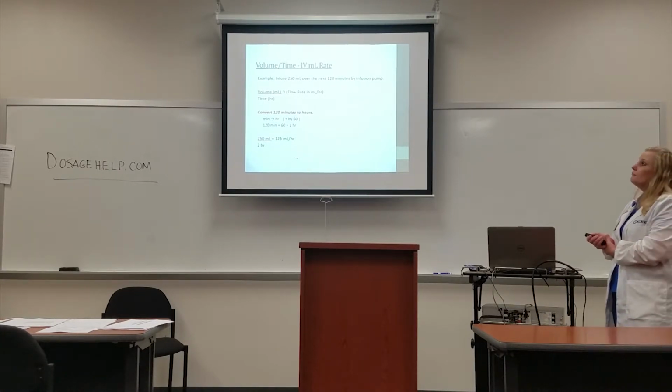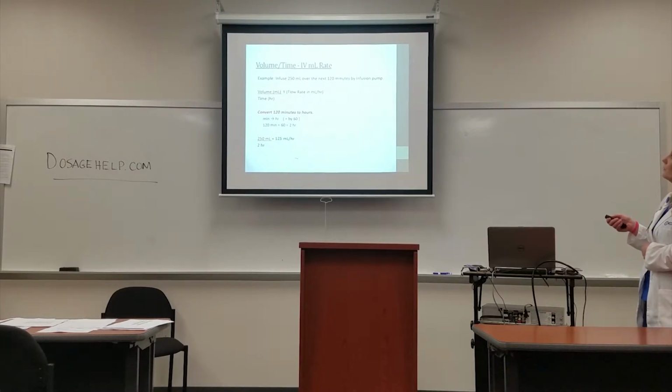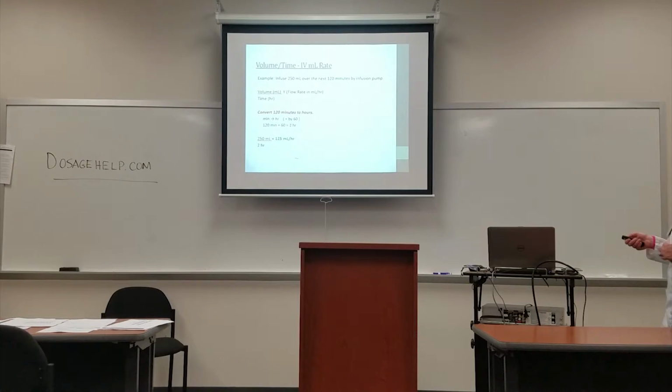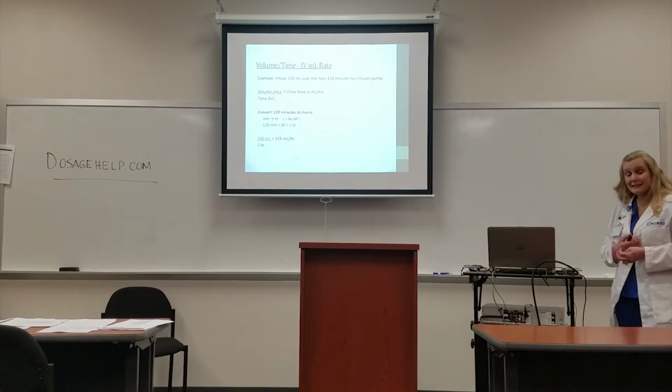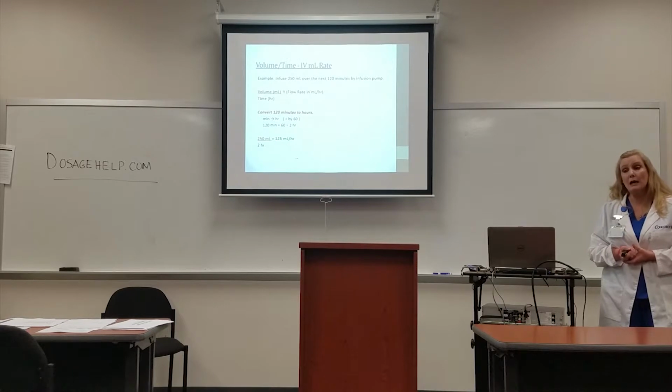Now this is my formula, but the time needs to be in hours, not minutes. The question given to me is in minutes, so it's a simple calculation. I take 120 minutes, divide by 60, because there are 60 minutes in an hour, and it's 2 hours. So I have 250 mLs divided by 2 hours equals 125 mLs per hour.